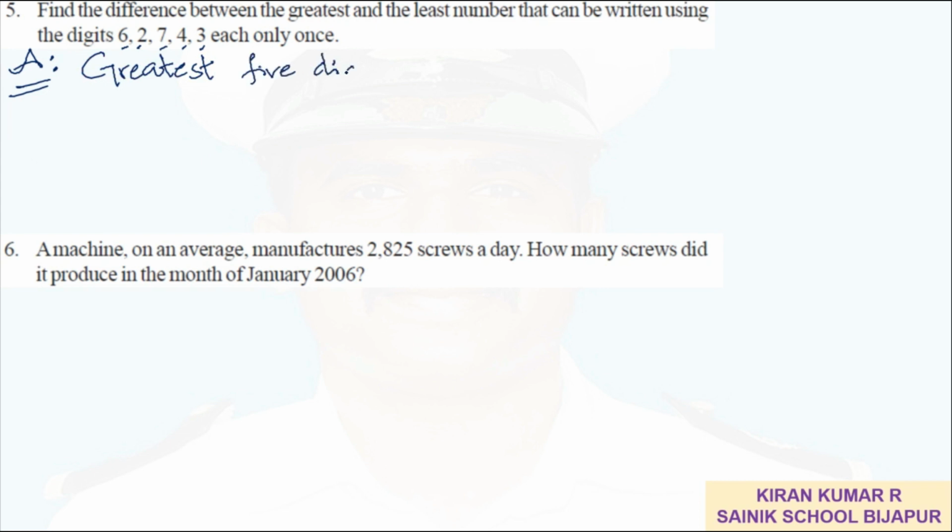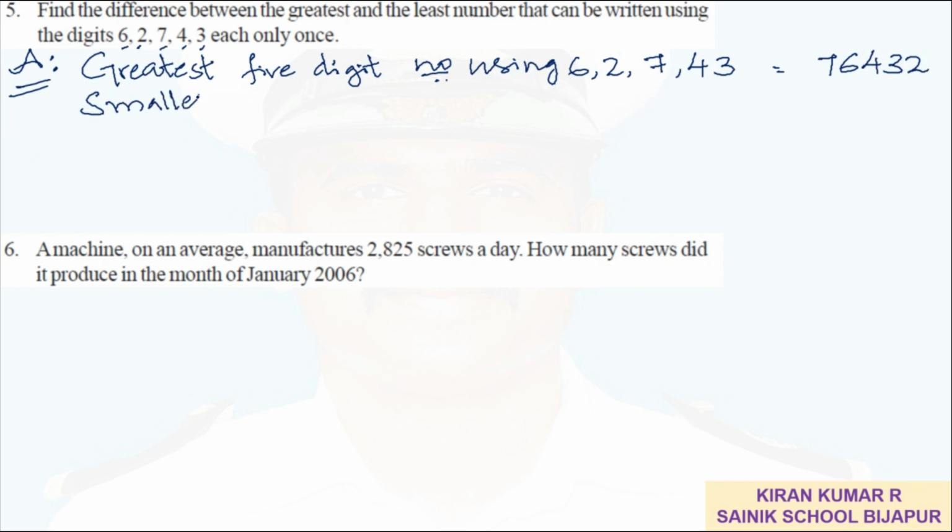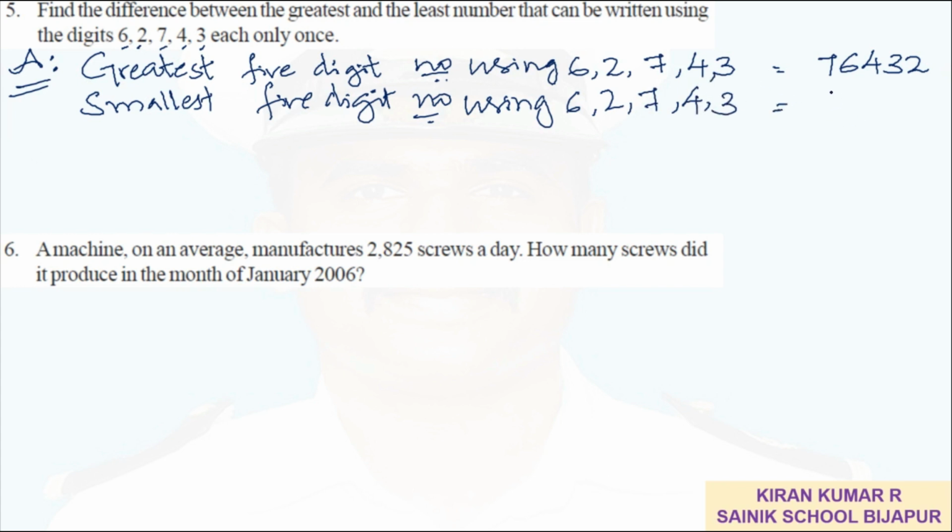So let me write the greatest 5-digit number using 62743 is 76432, and the smallest 5-digit number using 62743 will be 23467.